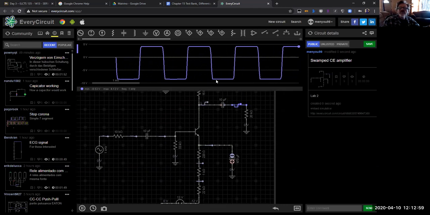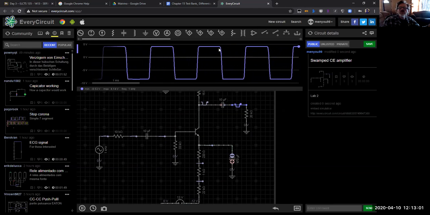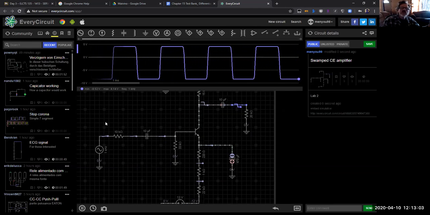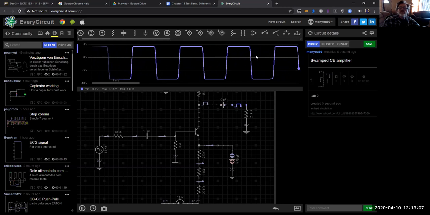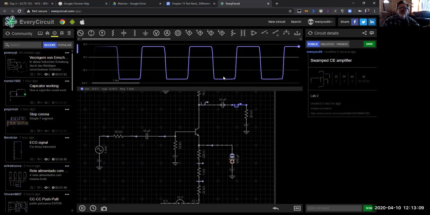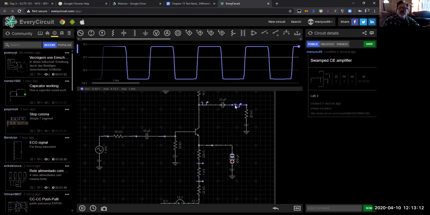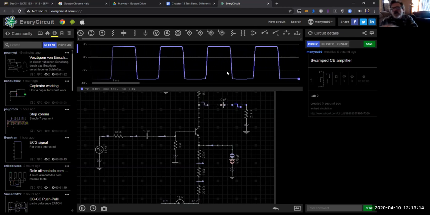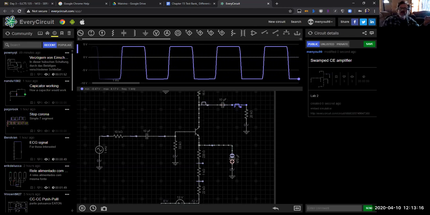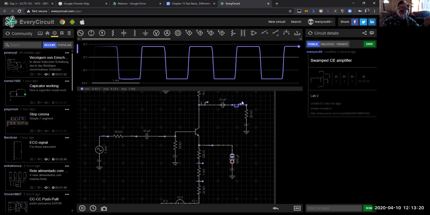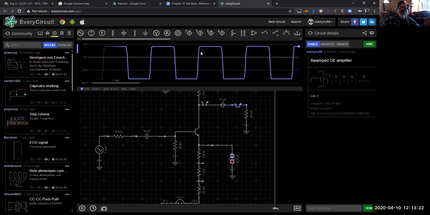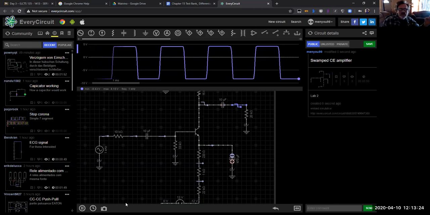But notice my waveform now. Remember, we're putting in a sinusoidal, right? We got clipping. We should be getting a sinusoidal in, sinusoidal out, that's what we've seen previous to this. So what is happening here?